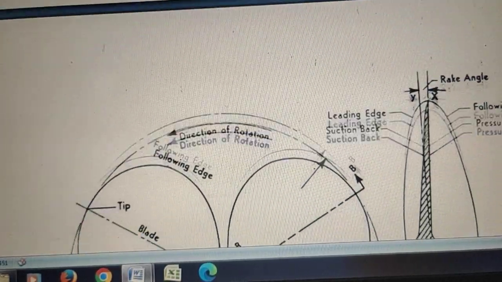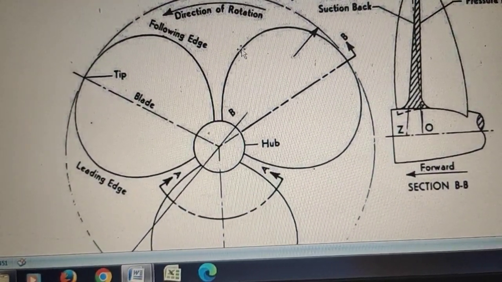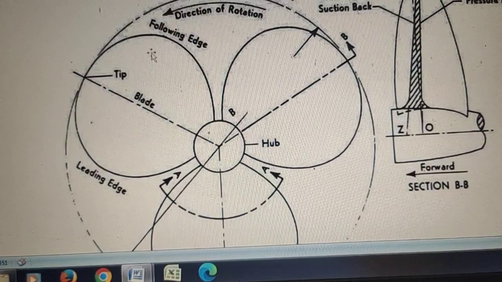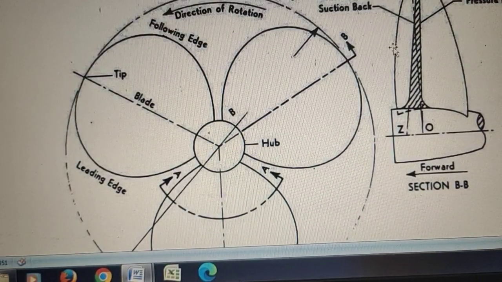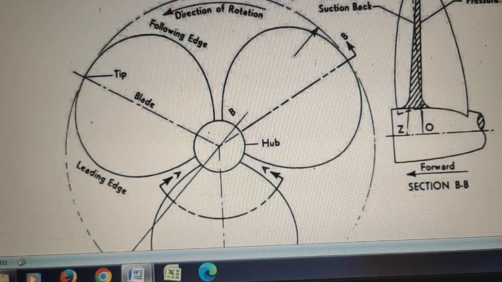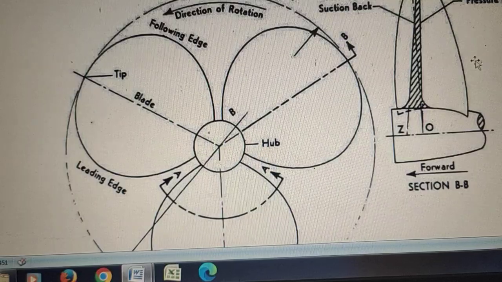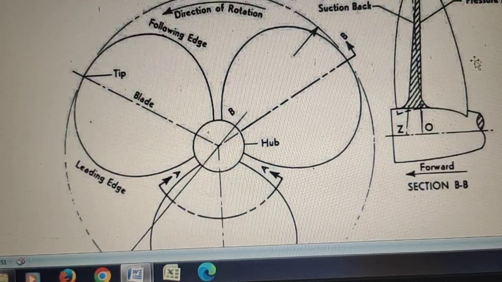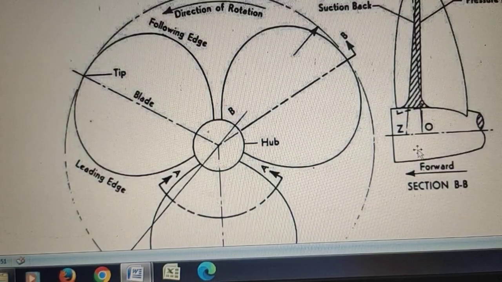Okay, now we can go ahead explaining it more. This one now is rotating anti-clockwise, shown as direction of rotation anti-clockwise, and here is the leading edge, trailing edge, pressure side at the front, and then we have at the back the suction side.